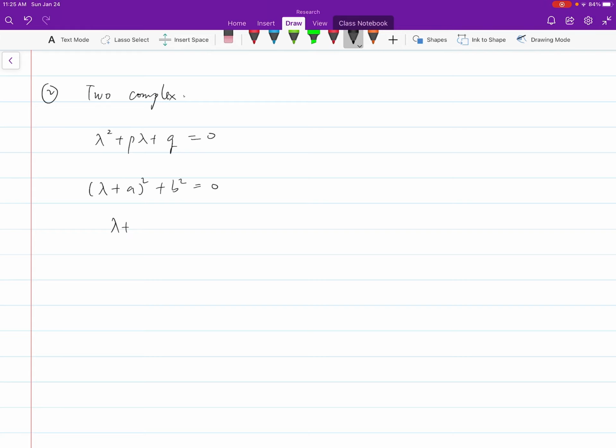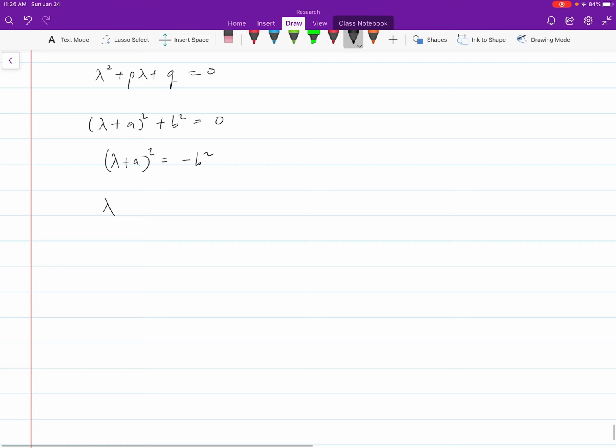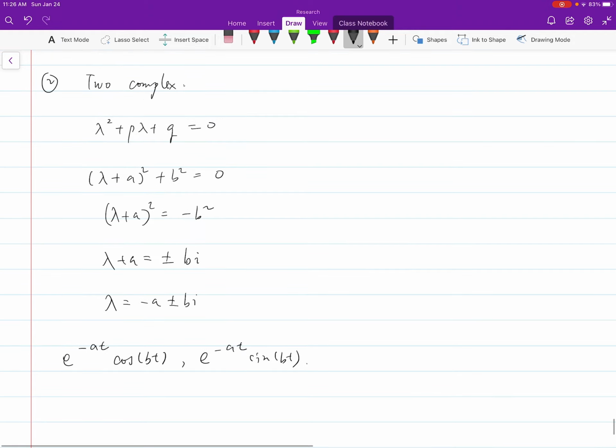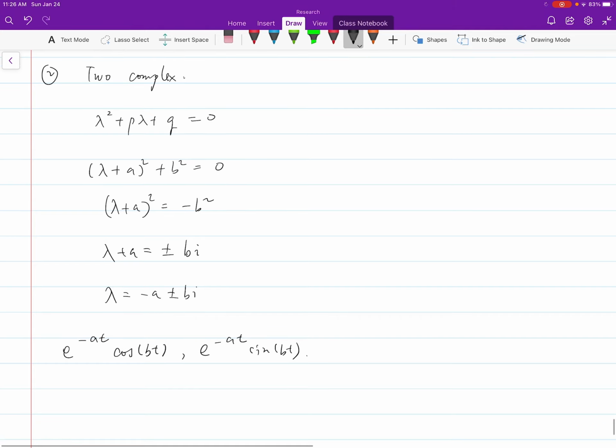Okay, that will give you (lambda plus a) squared equals negative b squared, so lambda plus a equals plus or minus bi, which gives you lambda equals negative a plus or minus bi. Okay. So this is going to give you a solution e to the negative at cosine bt and e to the negative at sine bt. That's what we got from the original thing.